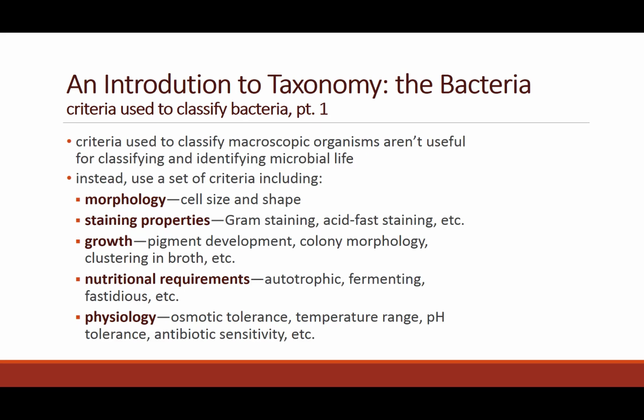So gram staining, acid-fast staining, all of those differential stains that we had talked about in previous chapters. Their growth, so as they grow, do they develop pigments, sort of like Serratia marcescens, the one that we were working with in lab this week that makes that red pigment.